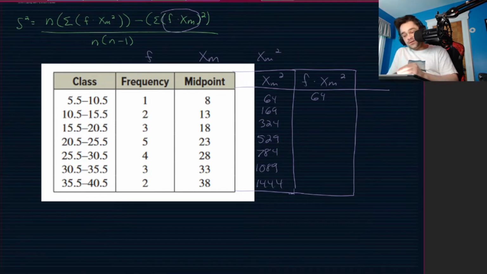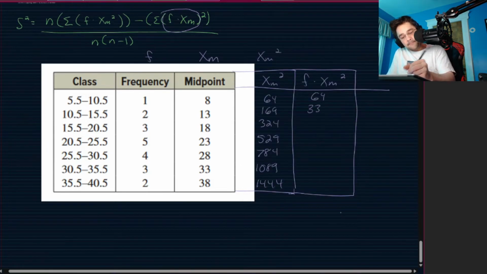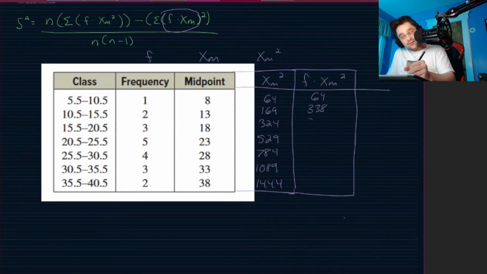This one is 2 times 169, 338. 3 times 324, 972. Okay, let me just cheat for the rest. 2645, 3136, 3267, 2888.